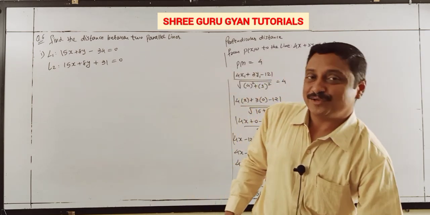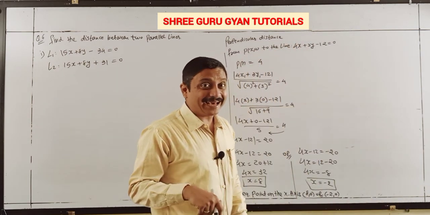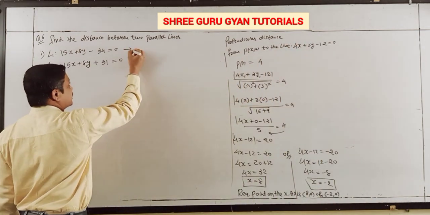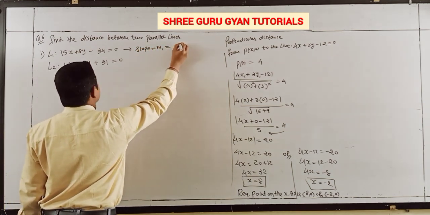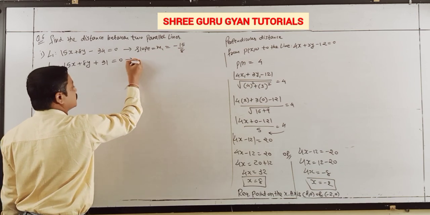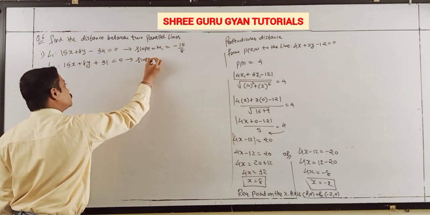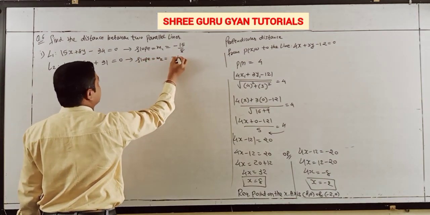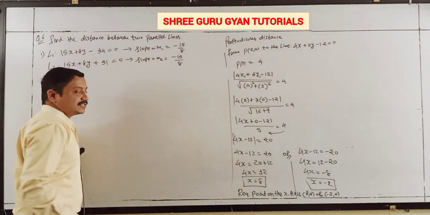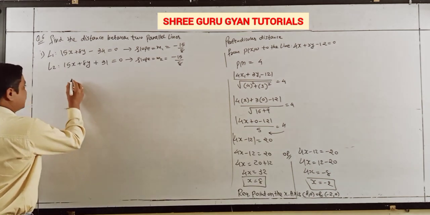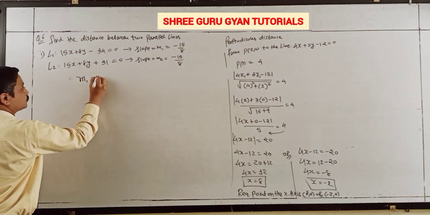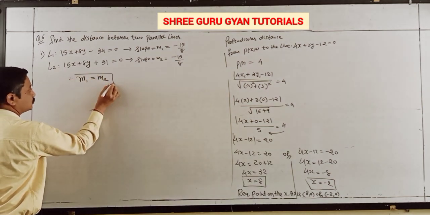So students, first of all you check the given lines are really parallel. So you just find the slope m1 equal to minus a by b. Same here, slope m2 equal to minus a by b, minus 15 by 8, and both are the same. That means m1 is equal to m2.